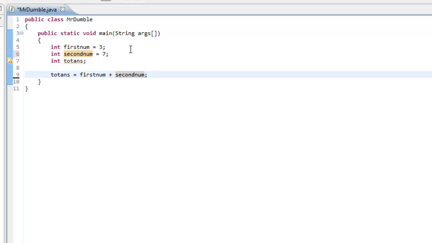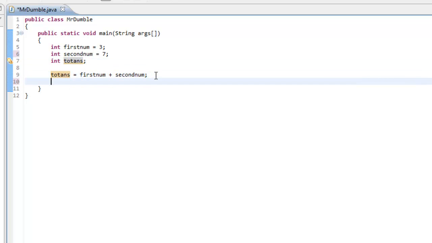And we have our little yellow warning there. And the reason why is because this totans variable is not used in a presentable way. Easy way around that. We use our good old system.print or print line statement. Now let's go over this right here. This ln is optional.